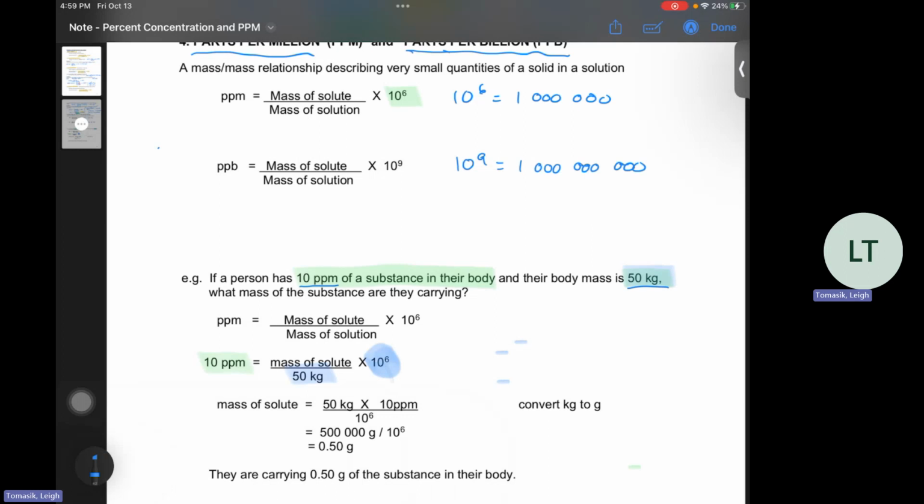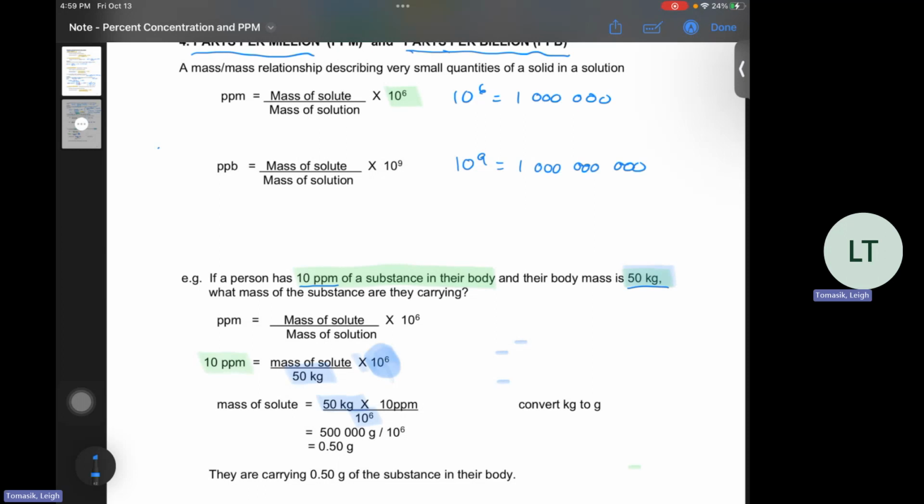When they go to the other side, they do the opposite operation. So the 10 to the 6 is being multiplied, so when we move it to the other side, it's divided. And the 50 kilograms is divided, so when we move it, it's multiplied. This is how we rearrange that formula.